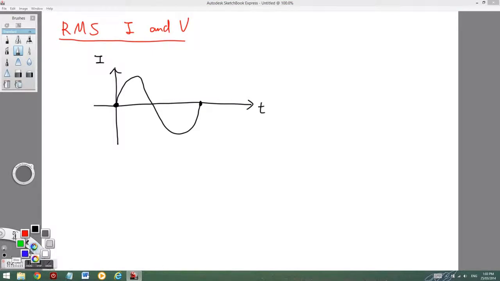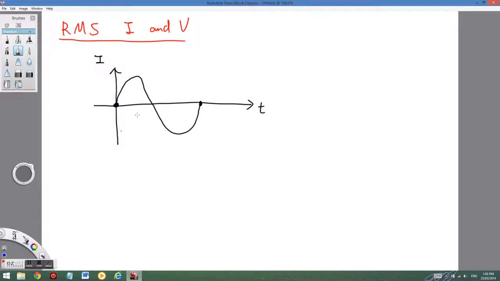We call it the peak current. Say the peak current in this graph is 10 amps. Of course, a 10 amp AC peak current is going to deliver different power than a 10 amp DC current.